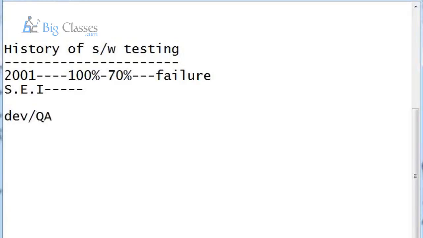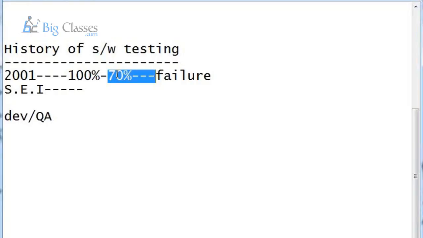Understand? See, guys, before 2001 in IT companies, every year, out of 100% of the projects, 70% failed. Only 30% of the projects succeeded. At that time, to know the reasons for failure, IT companies approached SEI, the Software Engineering Institute.